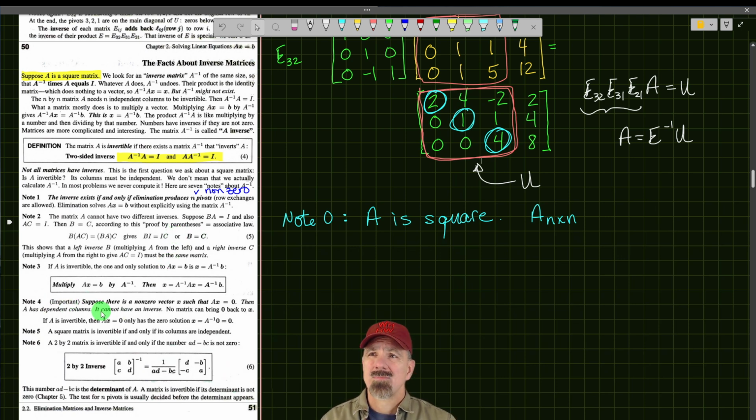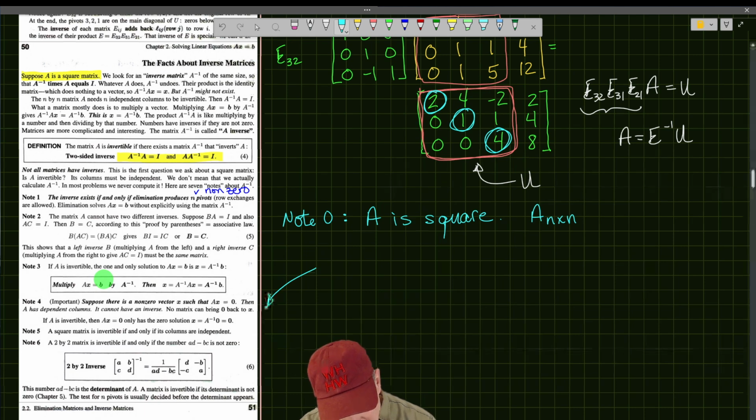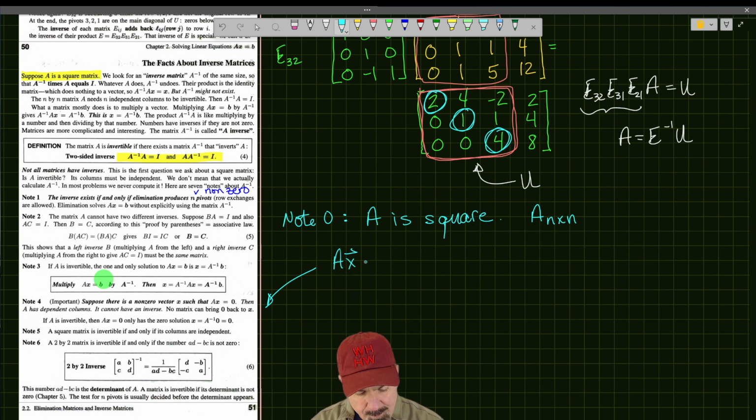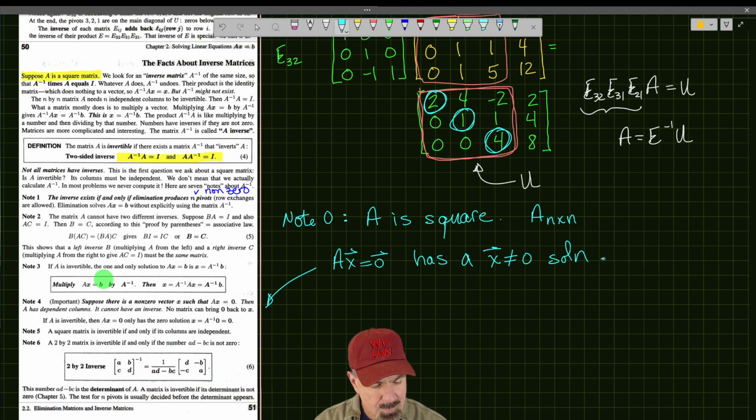Note 4, suppose there is a non-zero vector X such that AX equals 0, then A has linearly dependent columns. So this one's a little bit bizarre. Let me add a comment here. So if AX equals 0 has a solution where X is not 0, then A inverse does not exist.